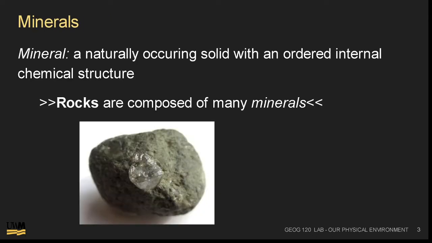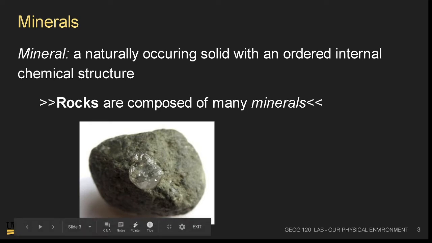But what's a mineral? More precisely, it's a naturally occurring solid with an ordered internal chemical structure, meaning that it's homogeneous throughout. So here's an image of a diamond in the rough. The diamond is actually in the center here, the clear crystalline compound.